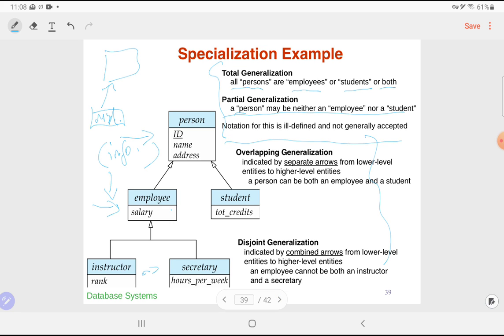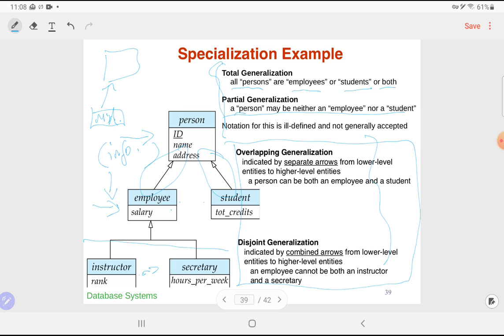Okay, overlapping versus disjoint generalization. Overlapping generalization, a person could be an employee or a student or both. This is illustrated by disconnected arrows. Disjoint generalization says a person must be, or if they are in this category, again, depends whether it's partial or total generalization, but if they are in this subcategory, they are either an instructor or a secretary.